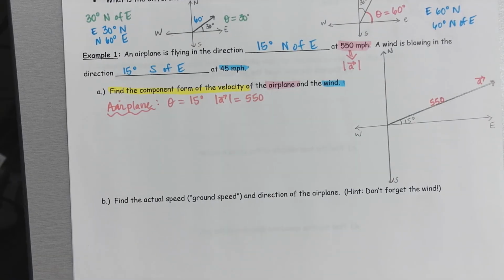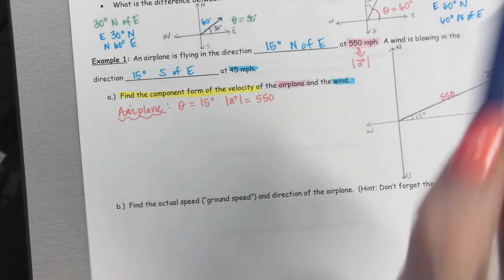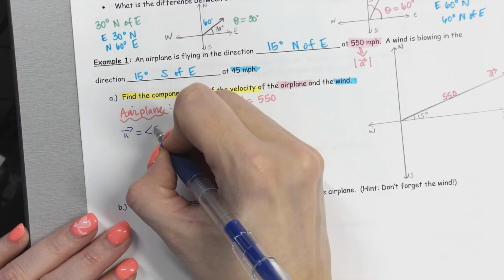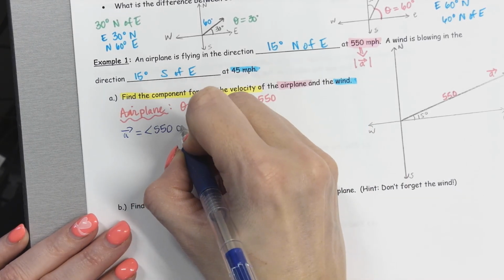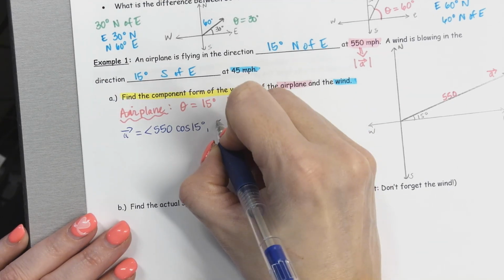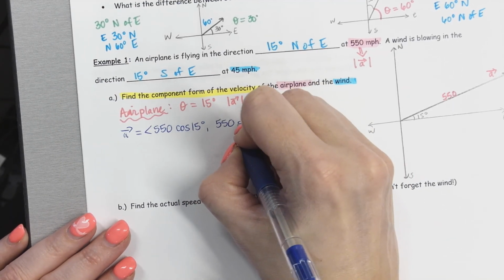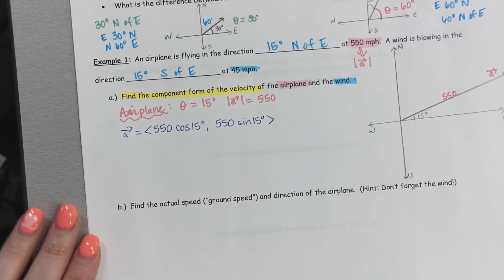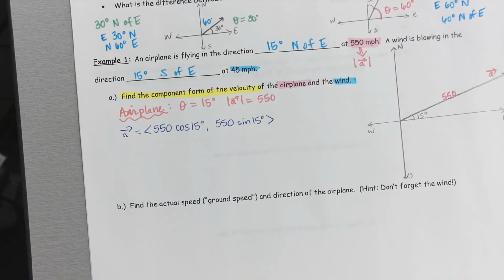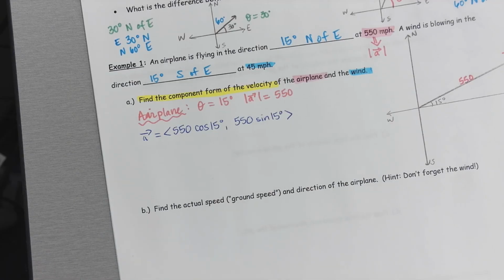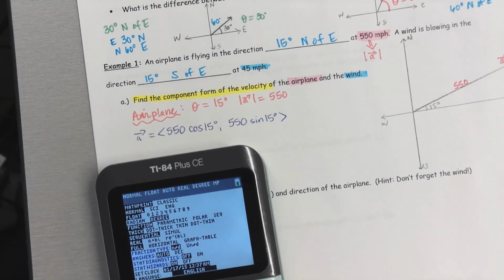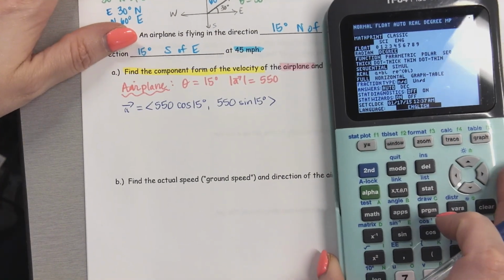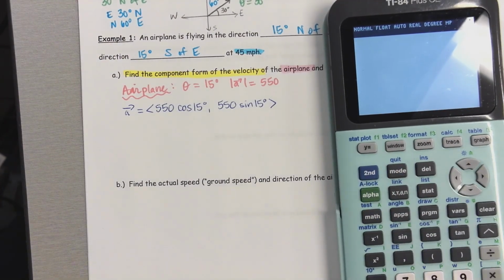So when you write out the vector, it's going to be 550 cosine of 15 degrees, 550 sine of 15 degrees. Make sure that your mode is in degree mode in your calculator, and we will round to the nearest hundredth.